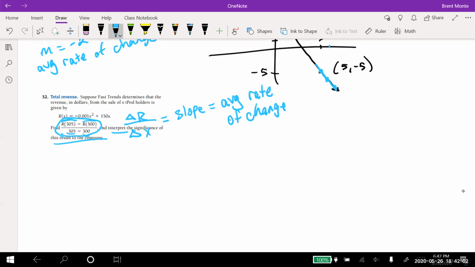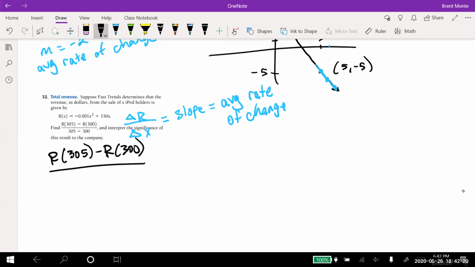So anyway, let's work that up. Let's erase this. I've just got too much stuff going on there. It looks a little too busy for me. So we're going to do R of 305 minus R of 300 over 305 minus 300. All right, so let's look and see what's happening.